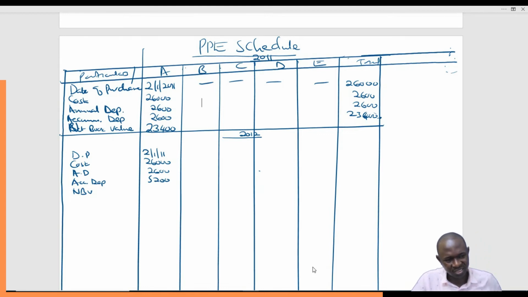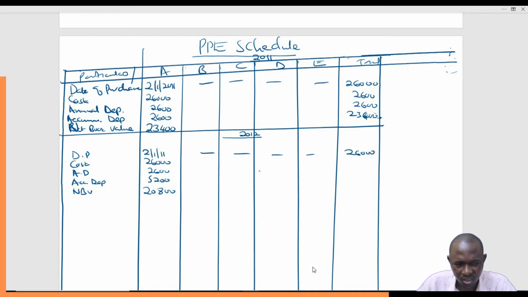Last year 2,600, this year 2,600, so that makes it 5,200. The net book value will now be 26,000 minus 5,200, which gives us 20,800. We still don't have B, C, or D, so the totals here will still be 26,000, then 2,600, then 5,200, and 20,800.